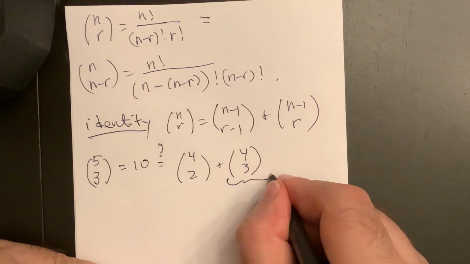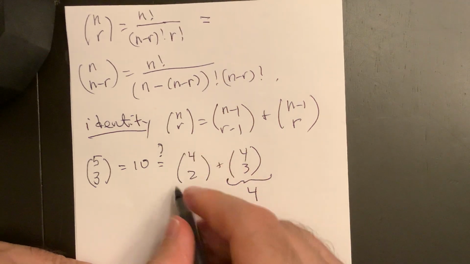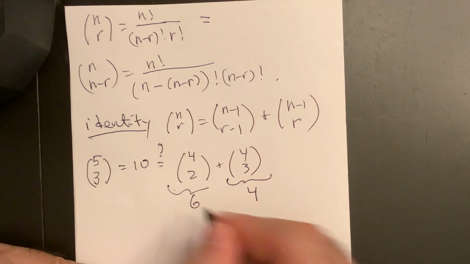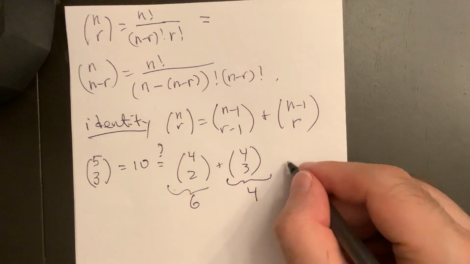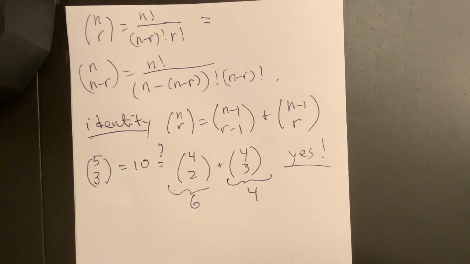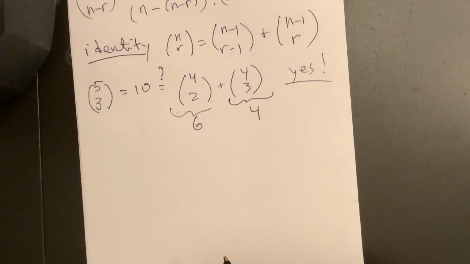So this is 4. And the number of ways to pick 2 from 4, well, that's 4 times 3, which is 12 divided by 2, so that's 6. So we see these are equal, so yes. Okay, not a proof, but certainly true.